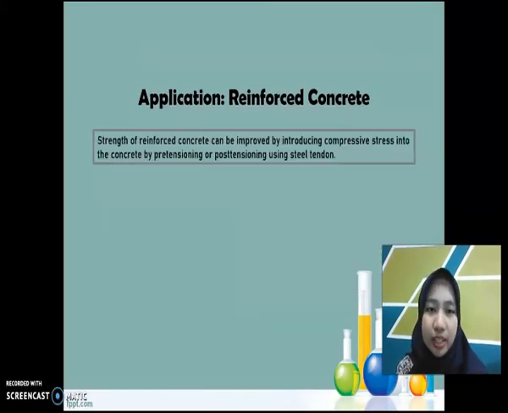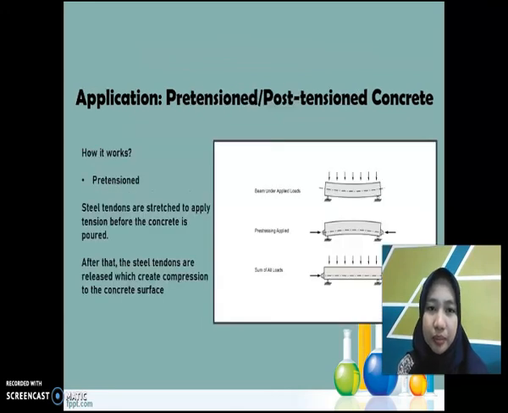So the next one is using pretension and post-tension concrete. Pretension concrete is where the steel rod is stretched before it is put into the concrete.